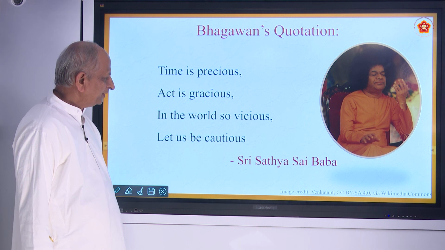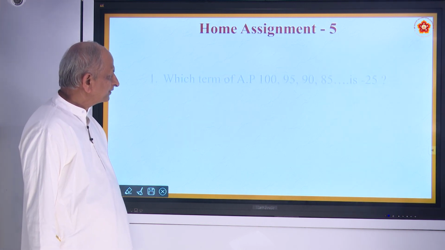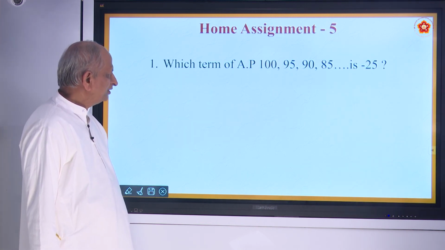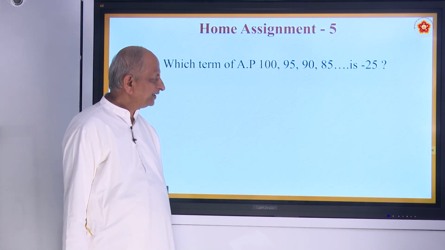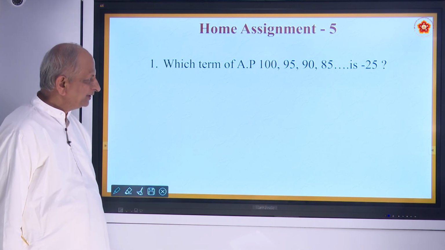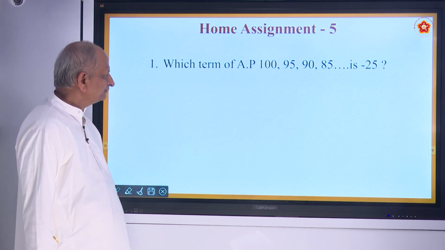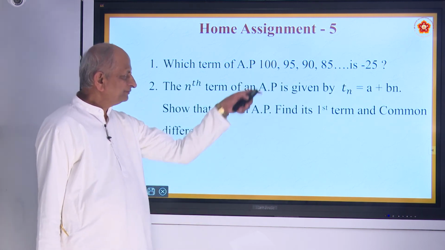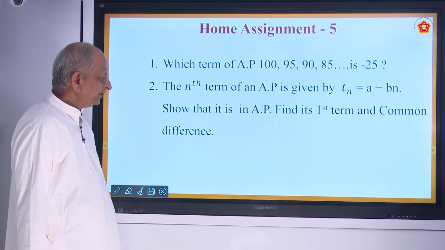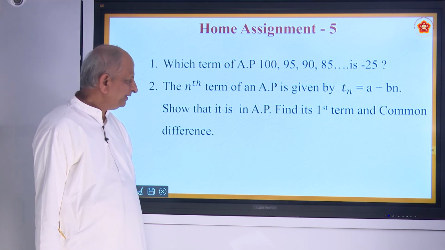Okay. Now we will come to the home assignment. Very simple questions. Which term of the AP 100, 95, 90, 85, ... is minus 25? Which term, you must tell. That means you must find out n. The nth term of an AP is given by Tn equals A plus Bn.